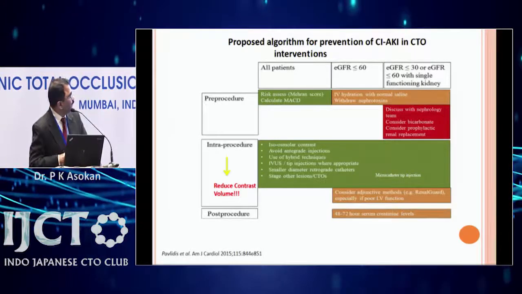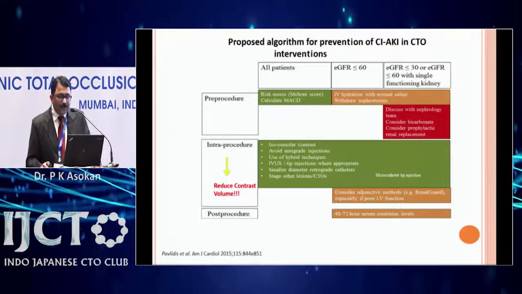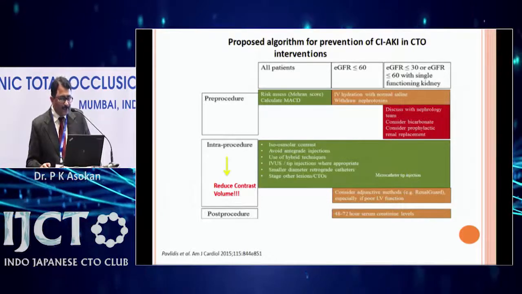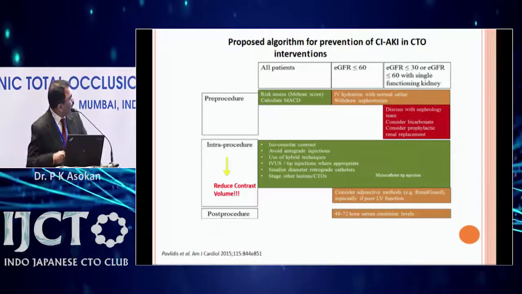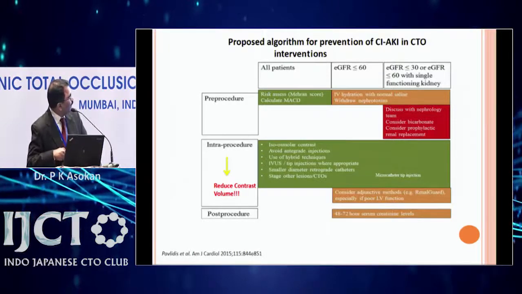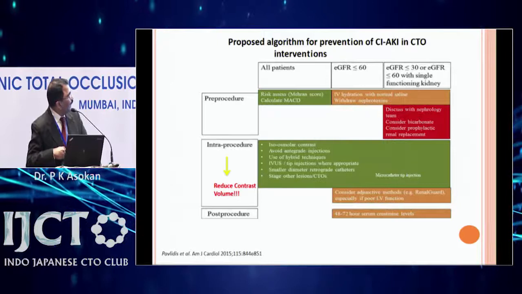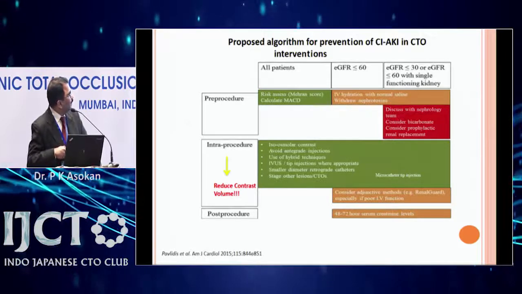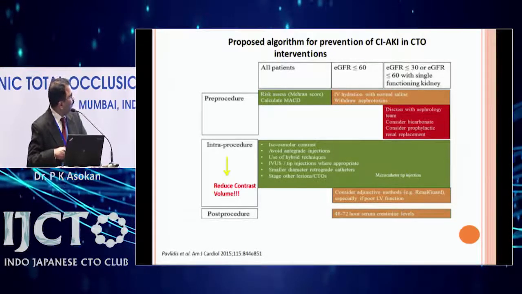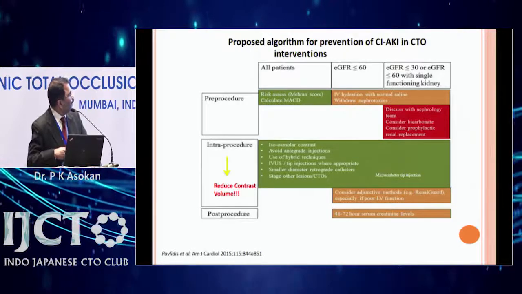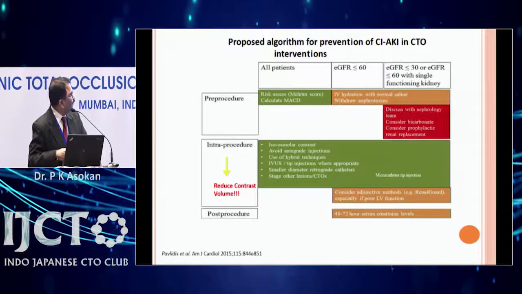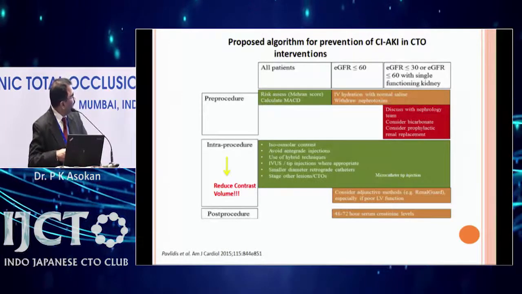And you should discuss with the nephrology team the concept of bicarbonate and prophylactic renal replacement in some cases. And you should use iso-osmolar, low osmolar contrast, avoid angiogram injection, use hybrid technique. And IVUS is coming to reduce the contrast volume, and use small diameter retrograde catheters, or you can stage the procedure if contrast volume is high.